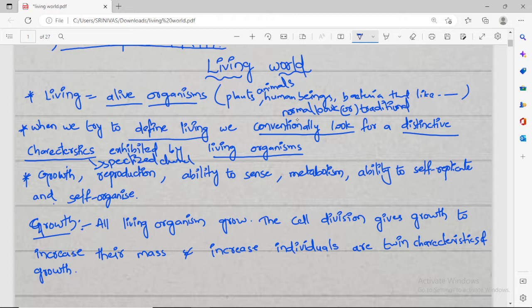What are those specialized characteristics? Here, see: growth, reproduction, ability to sense, metabolism, ability to self-replicate and self-organize. These are all specialized characteristics.